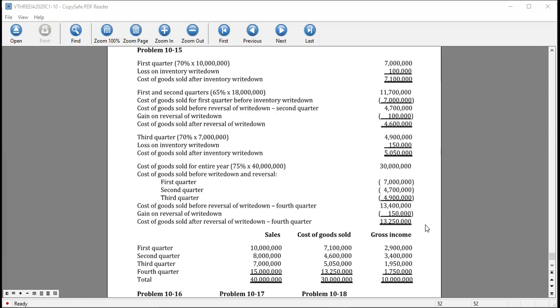The gain on reversal of write down equals 100,000. So we now have the difference of cost of goods sold after inventory decline. So we now have the cost of goods sold.